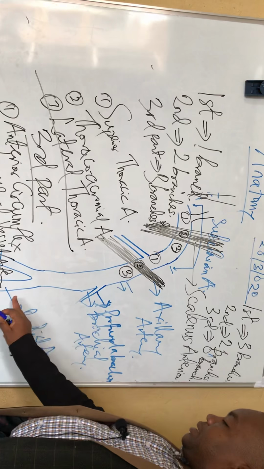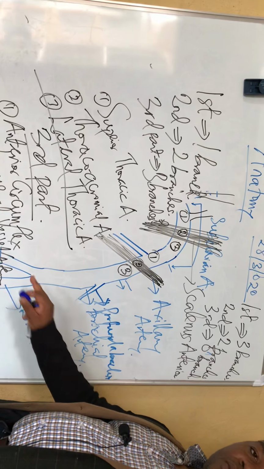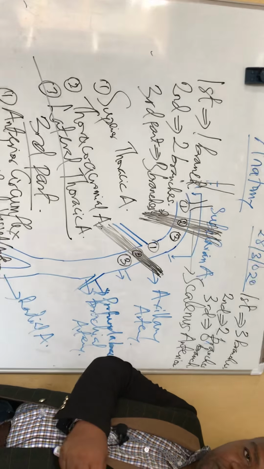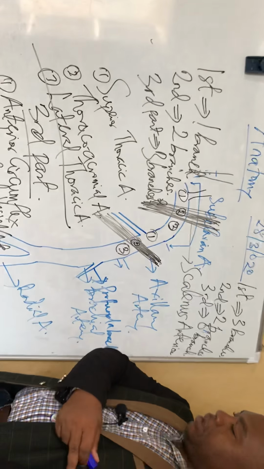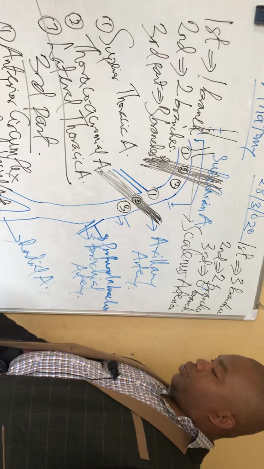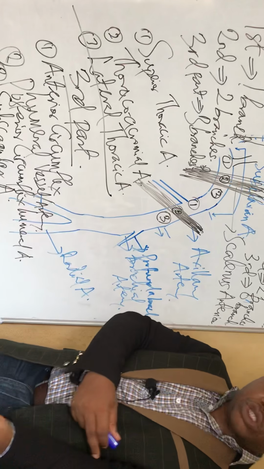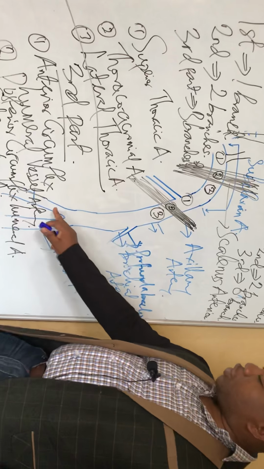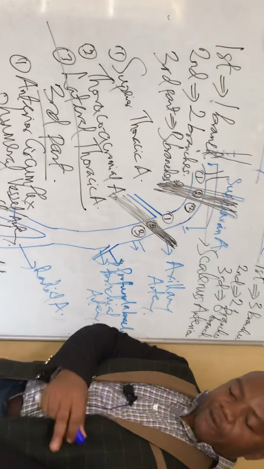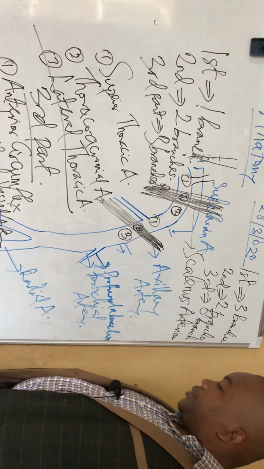Then, as this brachial artery continues to go down, at the coracoid fossa of the humerus, it will split into two. It will split into a medial branch that runs in the forearm, which is called the ulnar artery, and a lateral branch which we refer to as the radial artery.